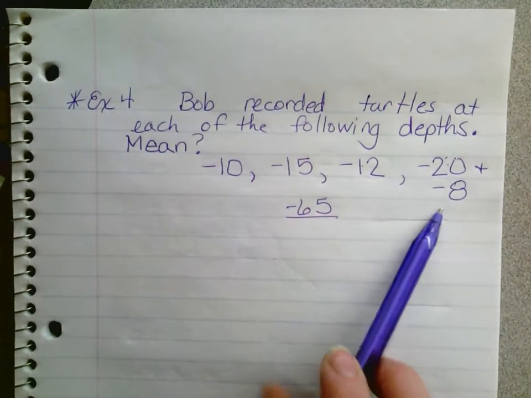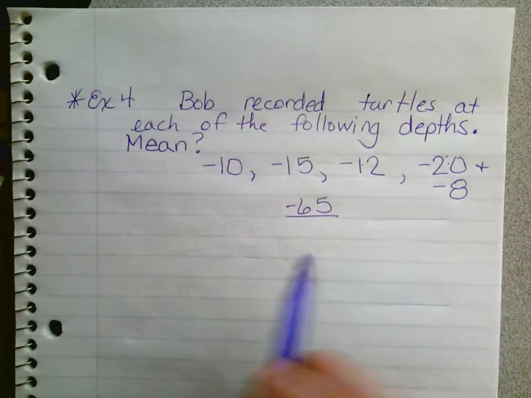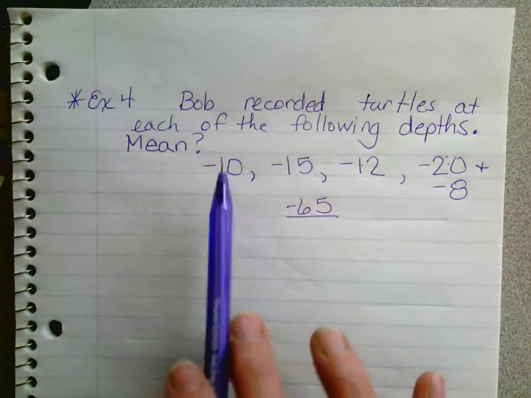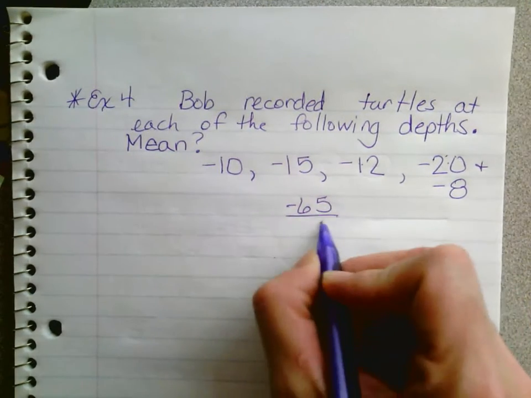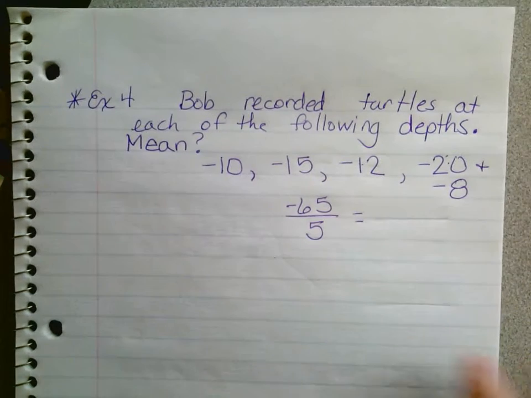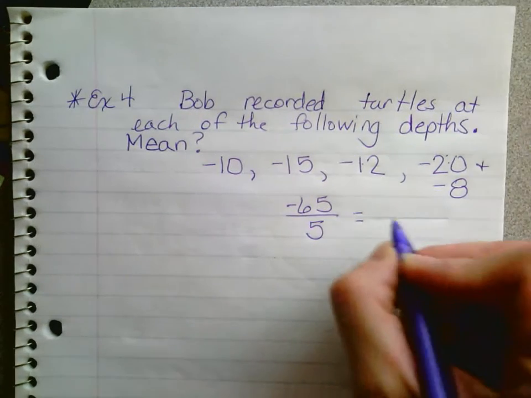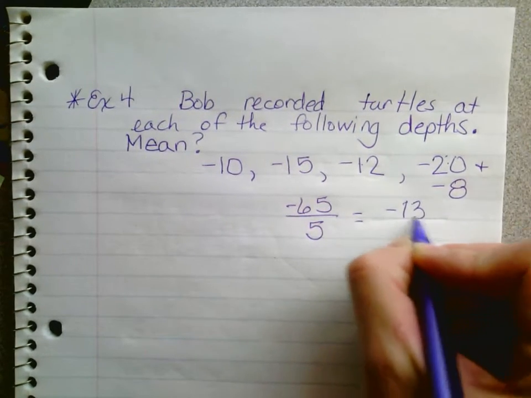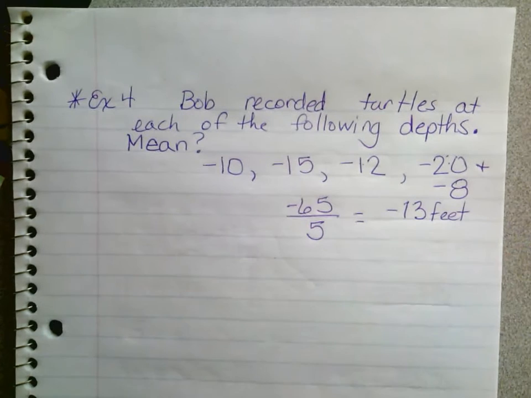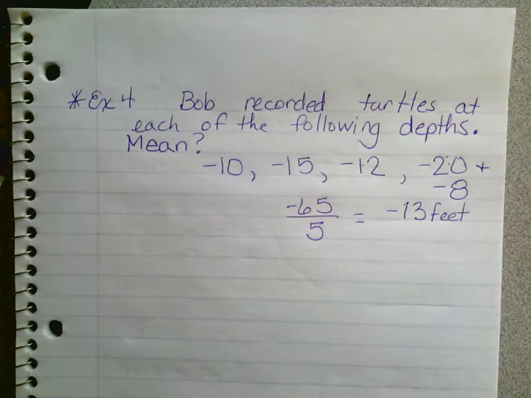Am I right? I did that in my head. Divide it by how many recordings? 1, 2, 3, 4, 5? If you divide that out, then he could say that the turtles live at the average depth of 13 below.